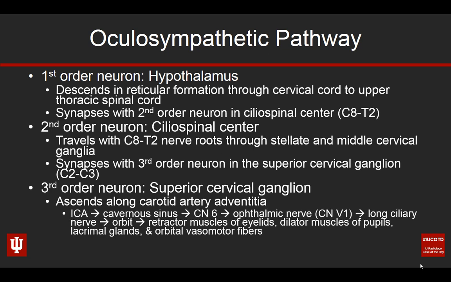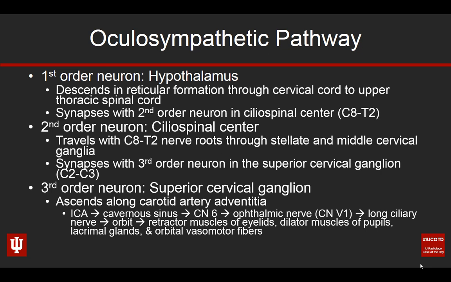Now it's important to keep in mind that your common carotid artery is going to bifurcate into your internal carotid artery and your external carotid artery, and that's where you potentially have a site in which you can add more granularity as to whether you have a full Horner or a partial Horner, like it is in this case. So if you have those sympathetic fibers that are traveling in the adventitia of the internal carotid artery, those will end up going through the cavernous sinus, which is where we have a lesion in this case.